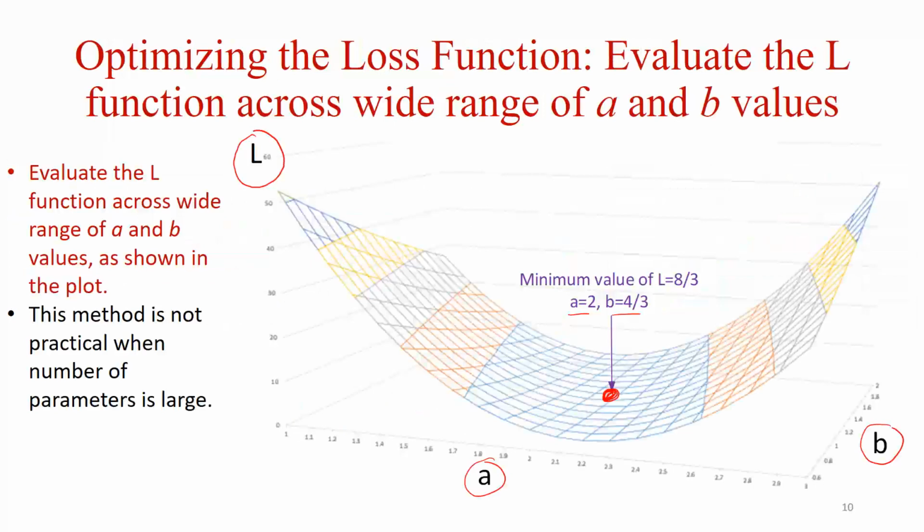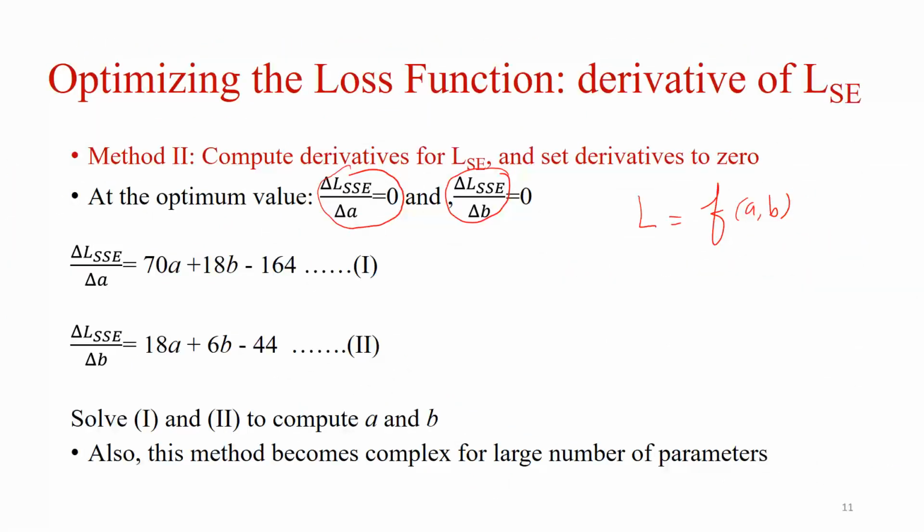So now I take this function, derive it with respect to A, set it to 0, and if you do that, you get an equation like this. And again, you derive it with respect to B, the intercept, and set it to 0, and you get another equation.